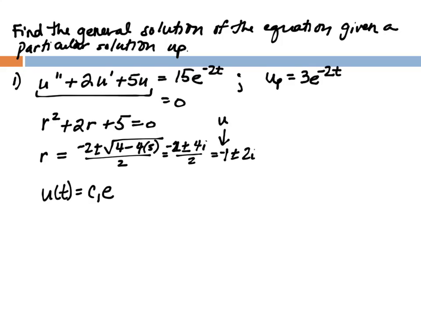So this would be negative t, and then cosine of v, which was from here. And so that would be then 2t. Excellent. And then plus C2 e to the negative t sine 2t. All right, good.